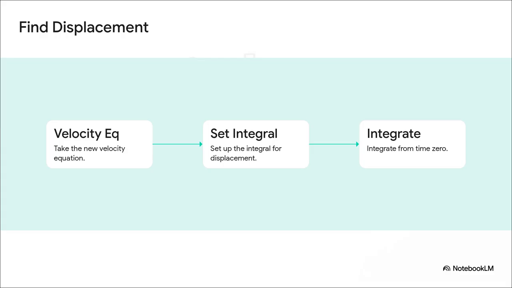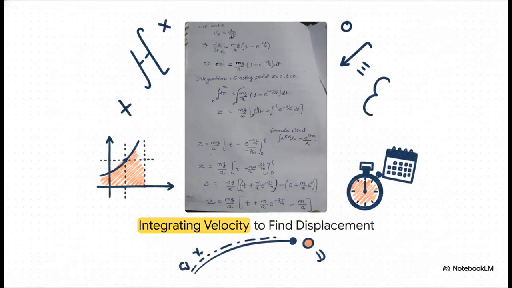Okay, we've got our proven velocity formula locked in. Next up, total displacement. We need to figure out exactly how far this little particle has actually traveled over time. So we take that hard-earned velocity equation we just solved for, we set up the integral for displacement, which we'll just call z, and once again, we run the math starting from time 0. Here, you can really appreciate the rigorous calculus required for this.